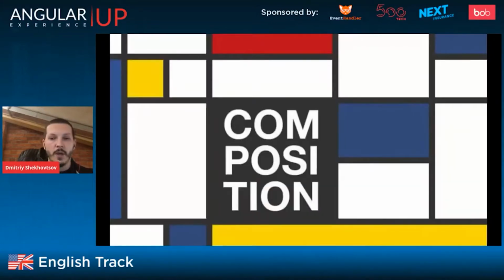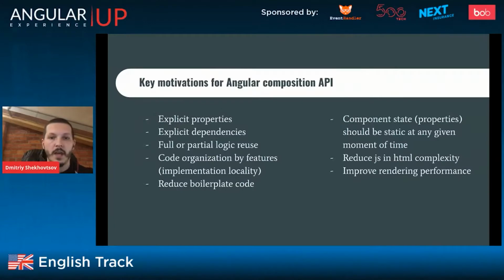And here we go to the interesting part for me, the composition structure. Key motivations for the Angular Composition API, which is the kind of API that lets us convert most of the drawbacks of existing approaches into positive parts.